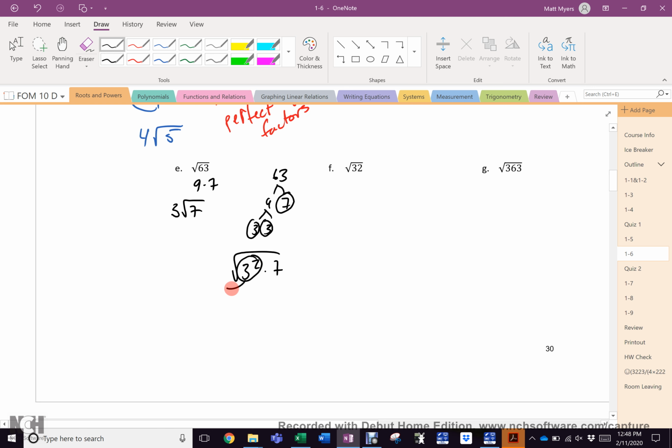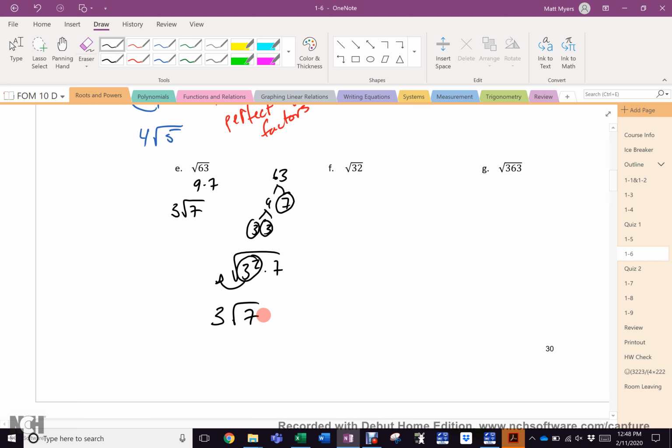There's my group of 2. Out comes a 3, and I leave a 7 under there. Do you get the same answer? It just takes a little bit longer. Right? When the numbers get big, often you will do a mix of the two. And you'll see some of that a little later on in our notes, okay?